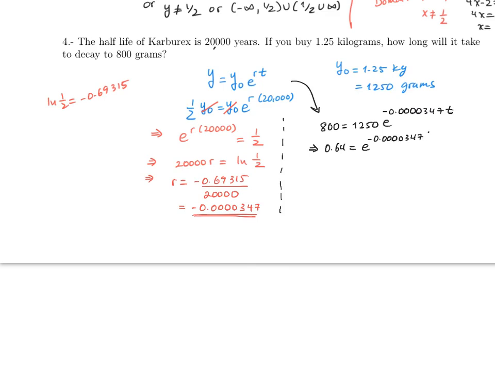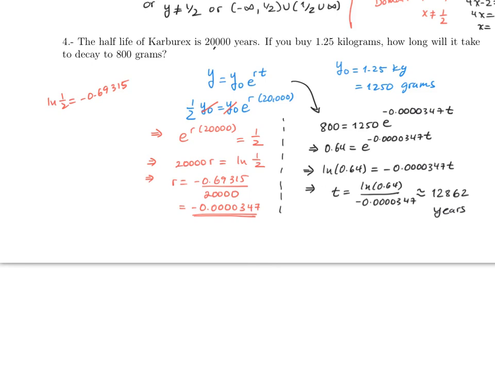Be careful with the zeros. So then you change from log to exponent, and ln of 0.64 equals minus 0.000347 t. So that means that t equals ln of 0.64 divided by this, and this is around 12,862 years.